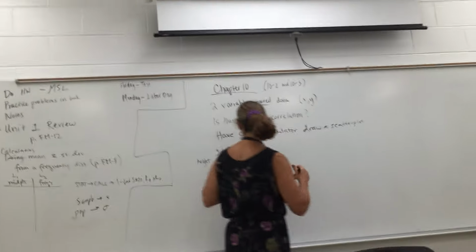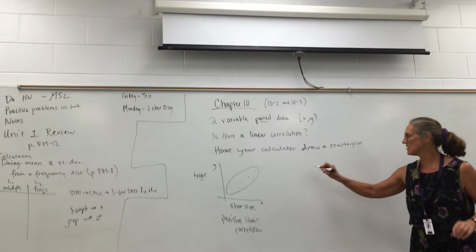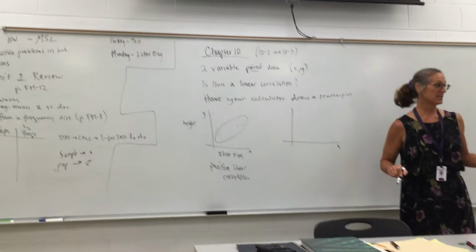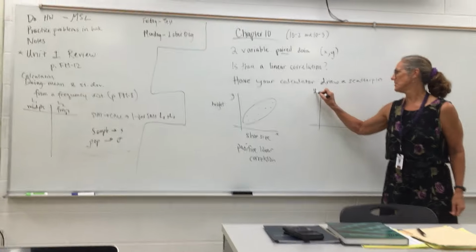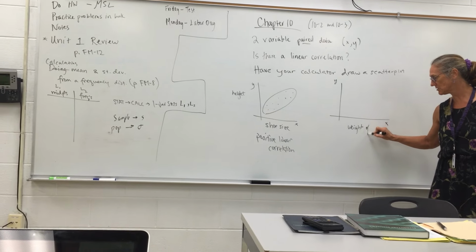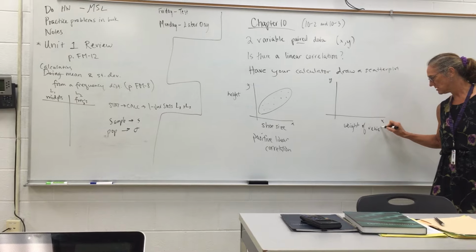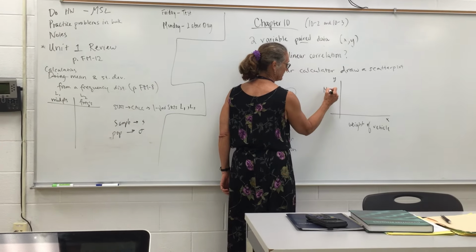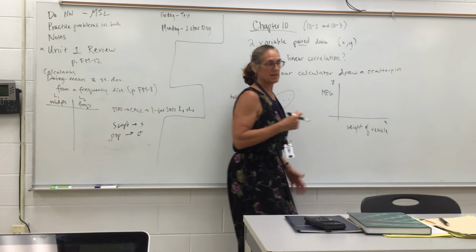Now that's as one variable goes up, the other goes up. We might also have a situation where as X goes up, Y goes down. For example, if you looked at the weight of various vehicles versus its gas mileage, miles per gallon. Again, there's some variation.